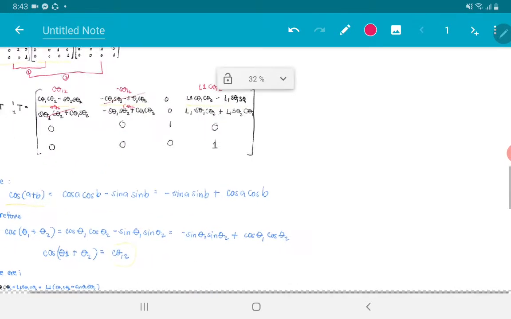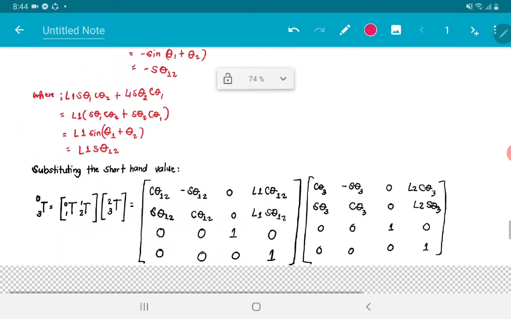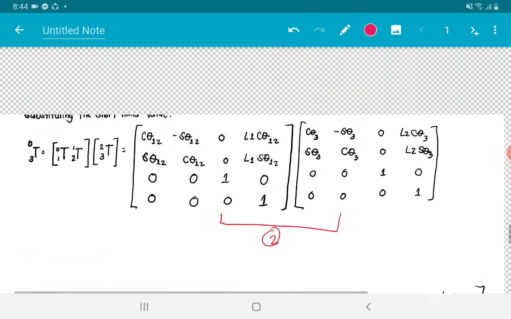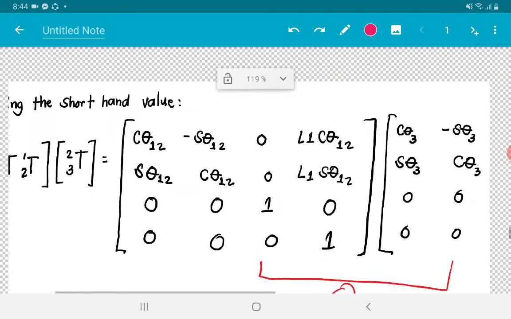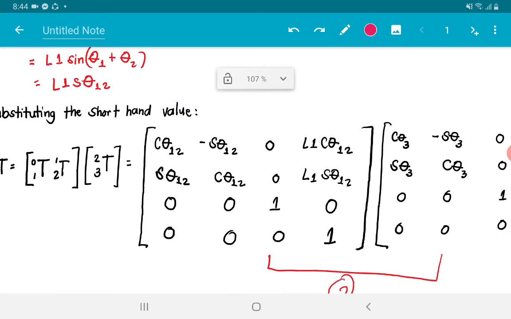So there you have it. Just substitute all values, then you can have this matrix. This is going to be the translation of frame 1 in terms of 0, multiplied by the translation of 2 in terms of 1.